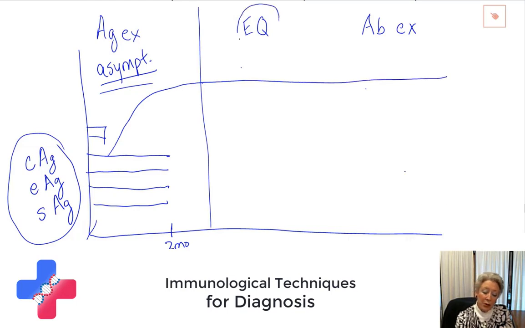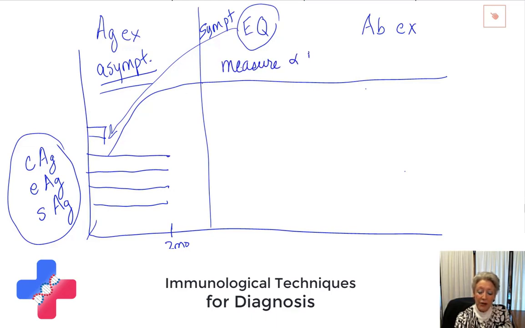So notice that the equivalent zone there is going to be back in the asymptomatic period, so that already when my patient comes in with symptoms, I already find that I can measure antibody against C. Okay?